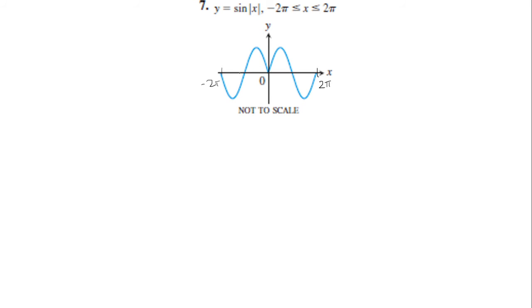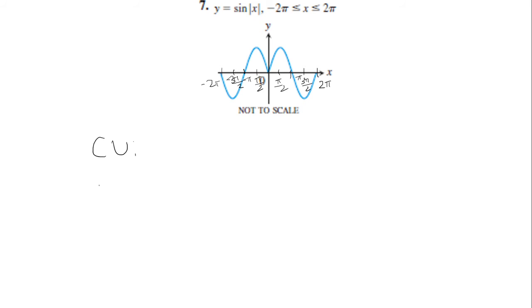And it's pretty much similar to sine of x. You break it up into 4 pieces to get your graph. And now it's just a matter of looking at it. So let's see.